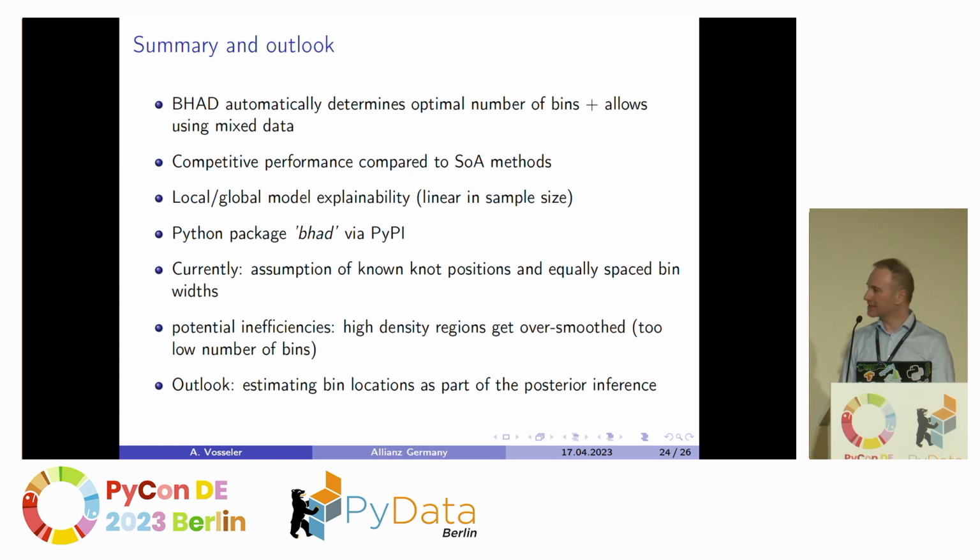And this might lead to some potential inefficiencies, because imagine, for example, you have a high density region, and you assign too low a number of bins, so you over smooth that region. And on the other hand, you might have a low density region, and you assign too many bins, so you introduce way too much variance, so you somehow overfit that region. So this is something that is future work, definitely.